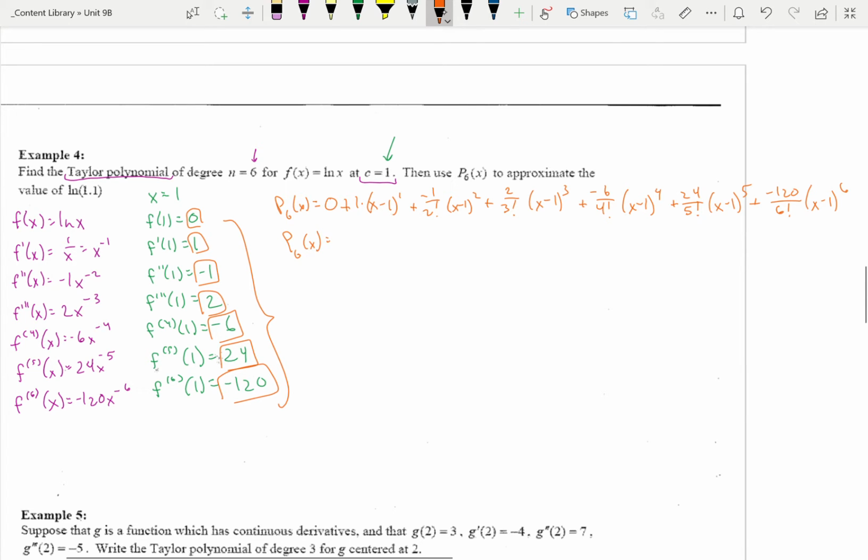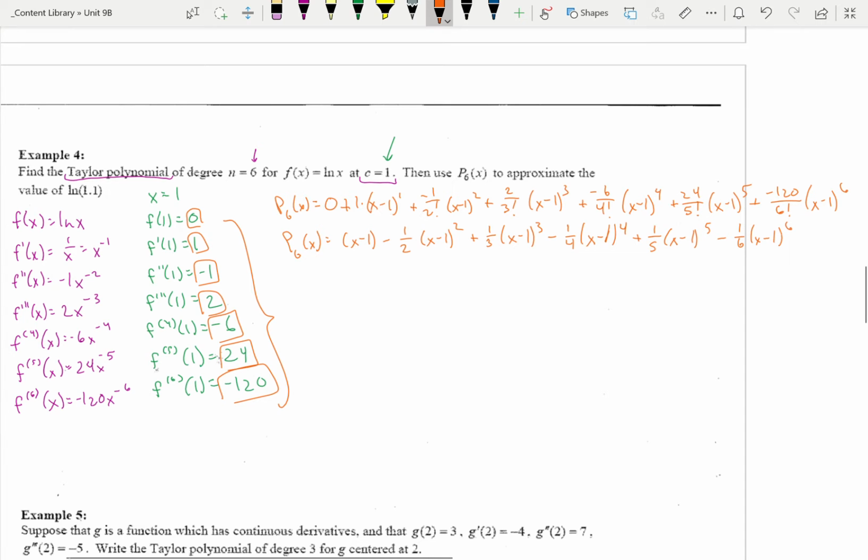So we end up with 0 plus 1 times x minus 1, and then minus 1 over 2, because 2 factorial is 2, times x minus 1 squared. 2 over 3 factorial is just 1/3, and we've got x minus 1 cubed. 6 over 4 factorial is 1 over 4, and this is a negative 1 over 4, and we see a really pleasing, easy to see pattern. 4 factorial over 5 factorial, that's just 1/5. And you can imagine how easy it is to continue this on past the 6th term, or the 6th degree.